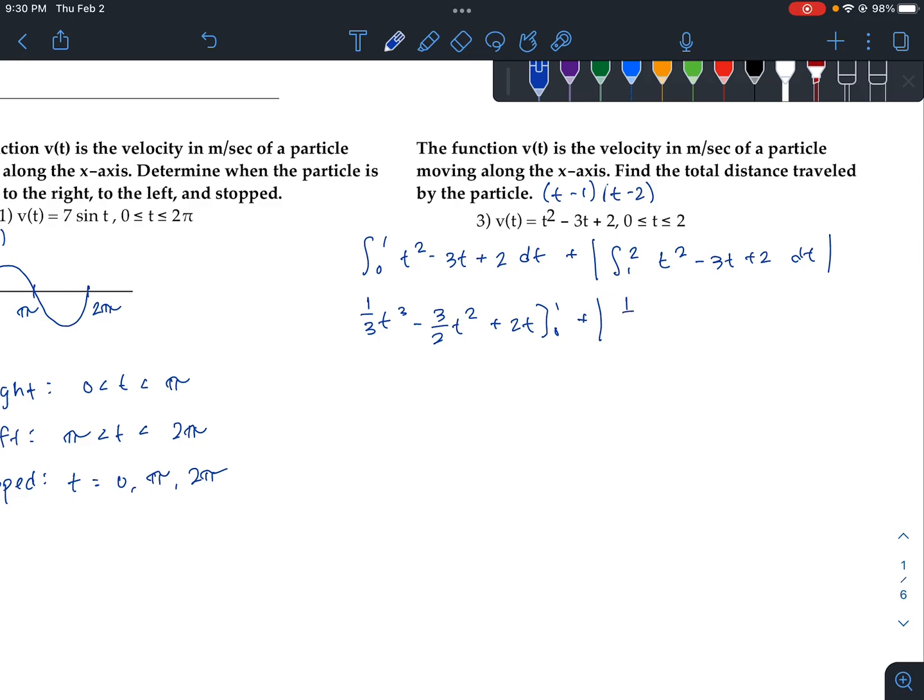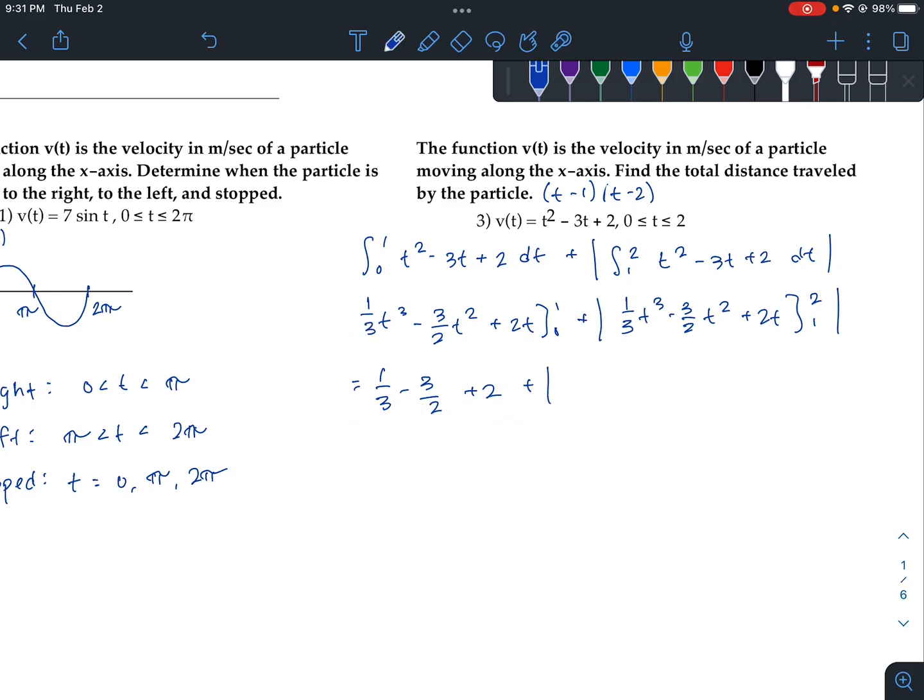It's going to be the same antiderivative, so 1/3 t cubed minus 3 over 2 t squared plus 2t, but these bounds are going to be from 1 to 2. Okay, and then let's evaluate our bounds. So by plugging in 1 and 0, if I plug in 1, I'm going to get 1/3 minus 3 halves plus 2, plus the absolute value. If I plug in 0, I'm just going to get 0, so that's why I didn't include that here.